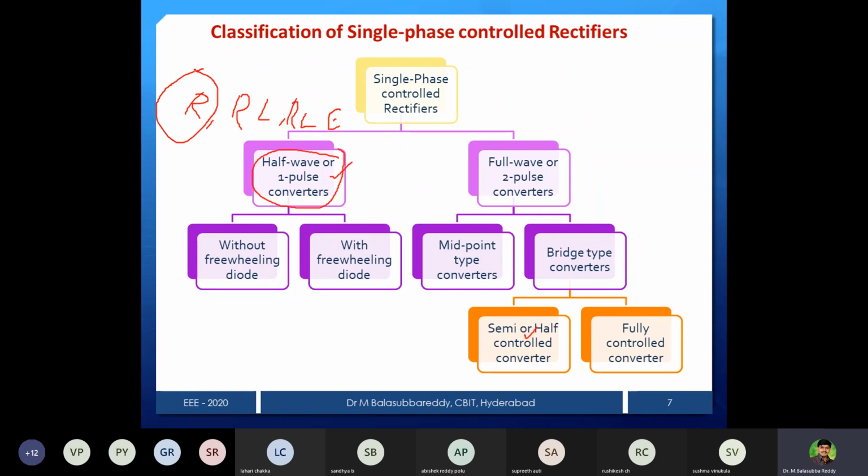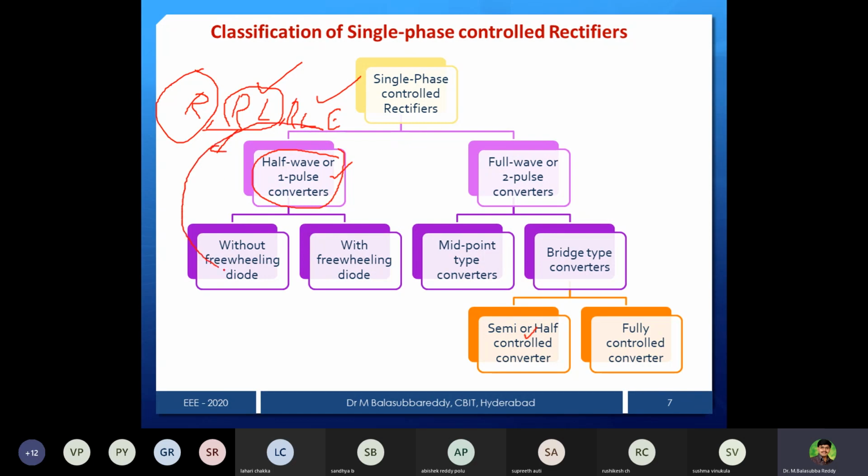That's all. Once you know the very small circuit with R load, then for RL load and RLE load, what we have to do is the only difference required. Otherwise, everything is the same. And after that, RLE load with a freewheeling diode also we can connect across the load. If you add it, then what is your response?